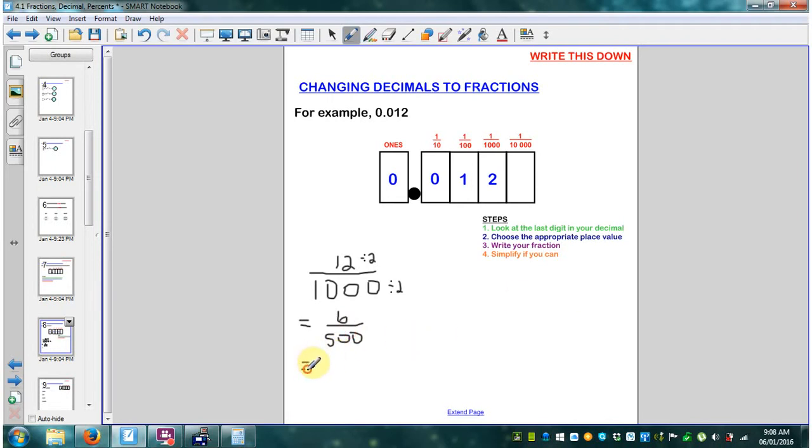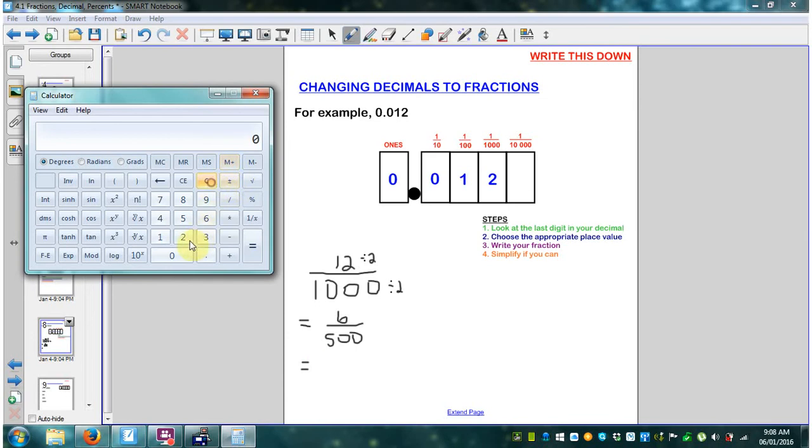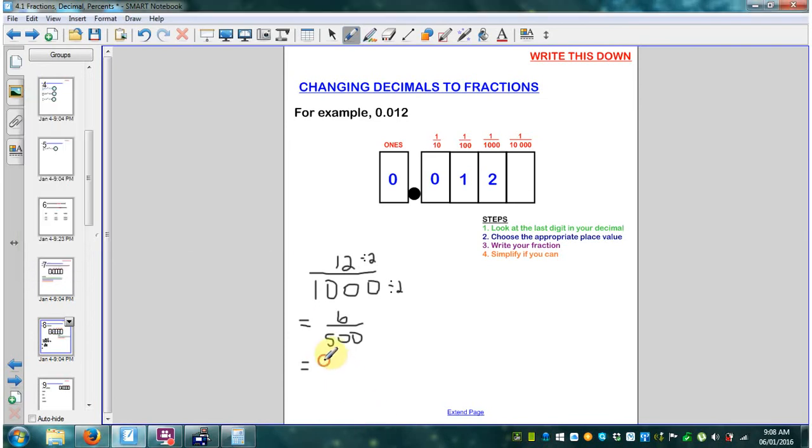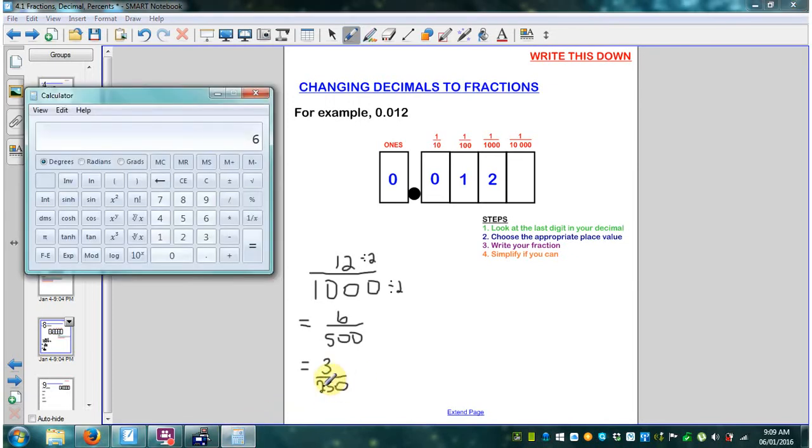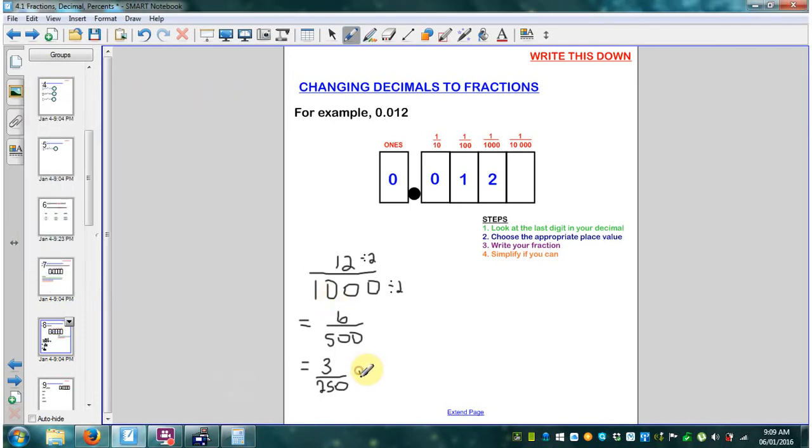Then we can divide both of those by 2. 6 divided by 2 we know is 3, and 500 divided by 2 is 250. Just double check: is 250 divisible by 3? Can we simplify this any further? No, it's not divisible by 3. So this is our simplified fraction. Our decimal 0.012 is the same as 3 over 250.